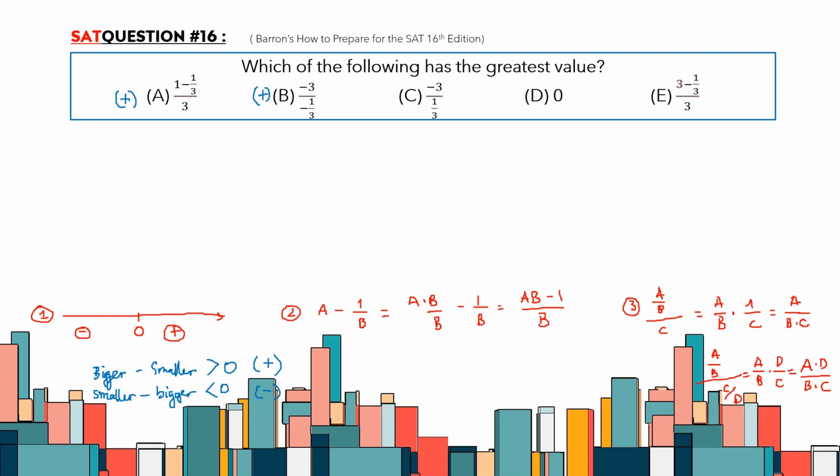Negative divided by positive will produce negative. For E, we have 3 minus 1/3. 3 is greater than 1/3, so that produces positive. So we can eliminate C and D, because D is 0, C is less than 0, and we need the greatest value, so we want the biggest positive number.